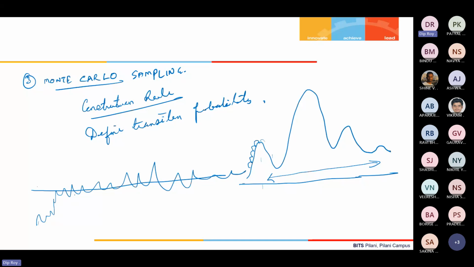So you do a random walk here, and ultimately, when you have explored the entire space, you will see that you have reached a stationary distribution, and that stationary distribution will mimic your energy-based distribution and energy function.